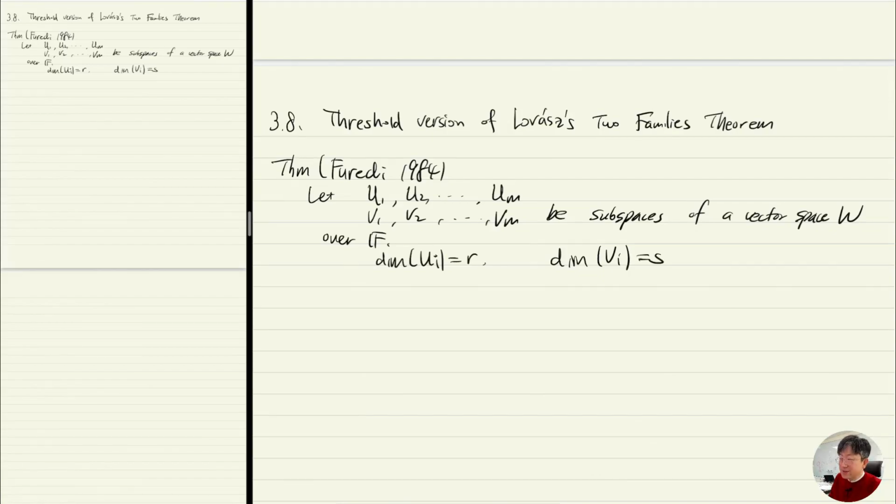Now there's a difference. Previously we assumed that Ui intersection Vi has dimension 0. Now we assume that Ui intersection Vi has dimension at most t for all i.